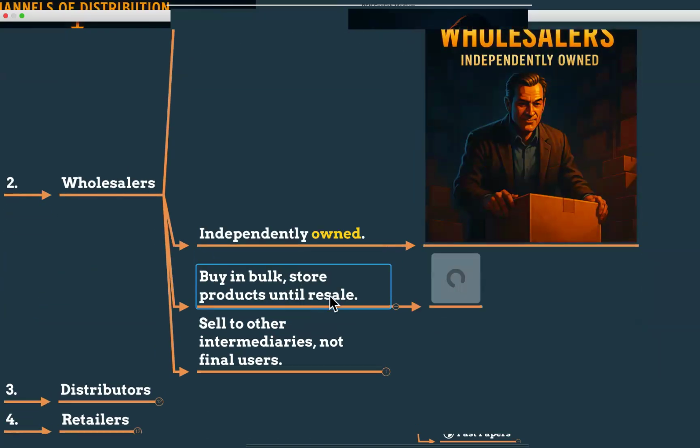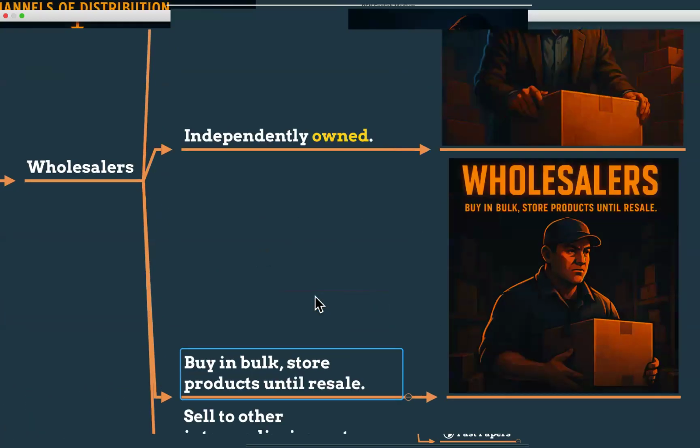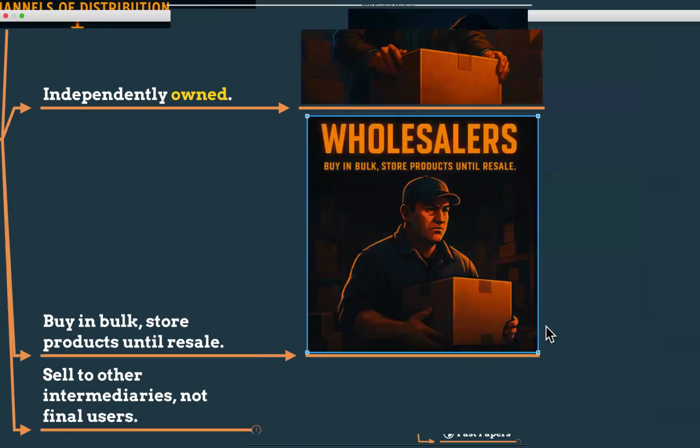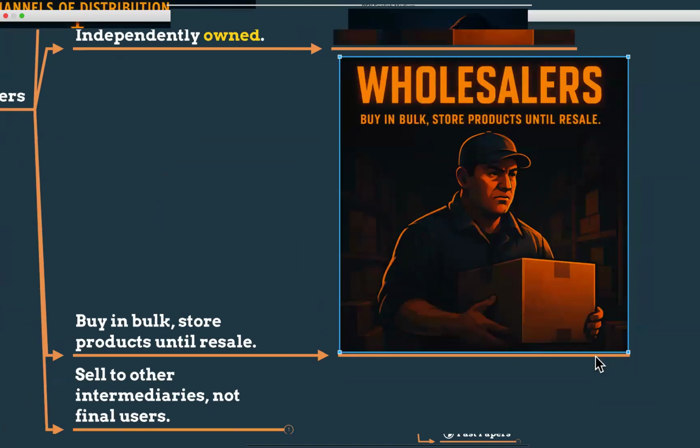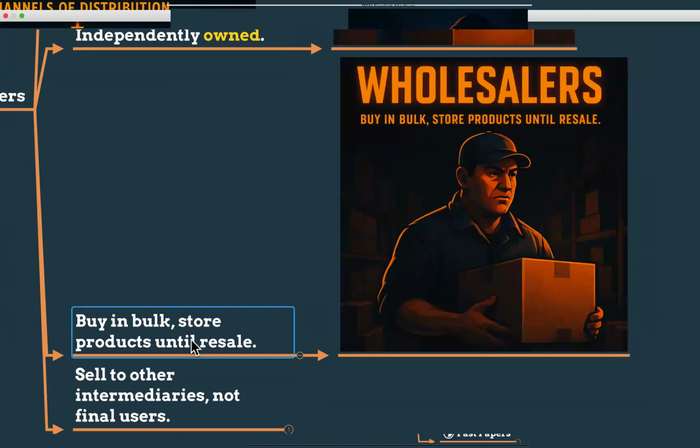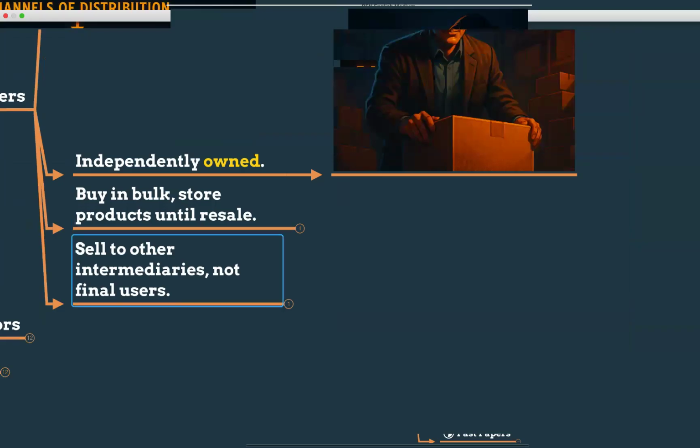So they buy in bulk, meaning large quantities, and they store the products until they resell to the retailers, right? They have large warehouses and hold the inventories. For example, think about rice mills. They are storing tons of rice, right? Because they are wholesalers.